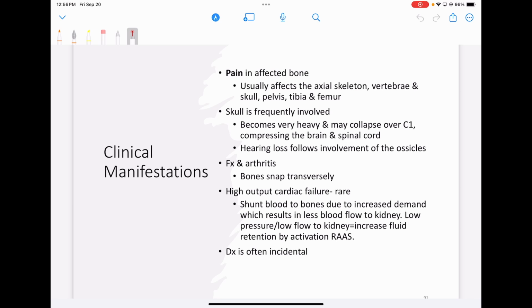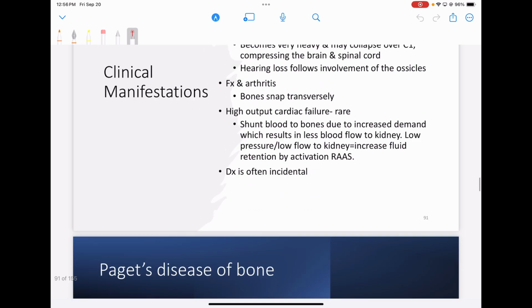So blood will be shunted to the bones because of the demand, less blood flow to the kidney, and hopefully by now, we all know what happens when low blood flow goes to the kidney. I've repeated it like 500 times. I'm going to stop. I'm going to repeat it again.